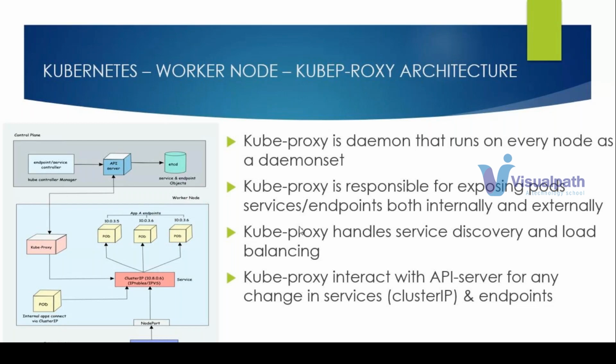It handles discovery and load balancing. In this integration, you can see the control plane's API server interacting with kube proxy, which interacts with the cluster IP, and the pods expose the endpoints. We'll talk about services in detail. There are three to four types of services in Kubernetes, and what is the meaning of a service?